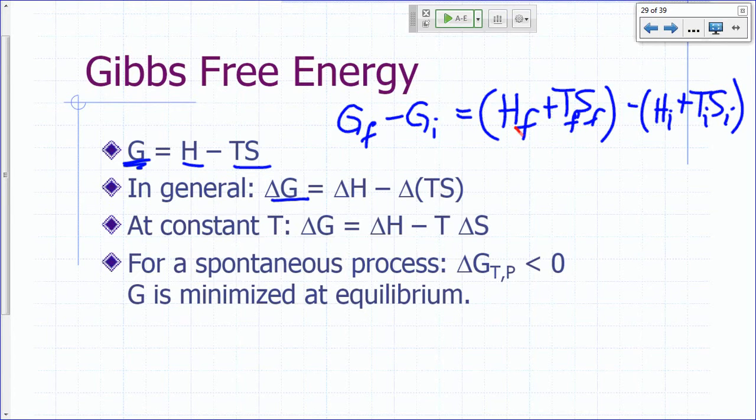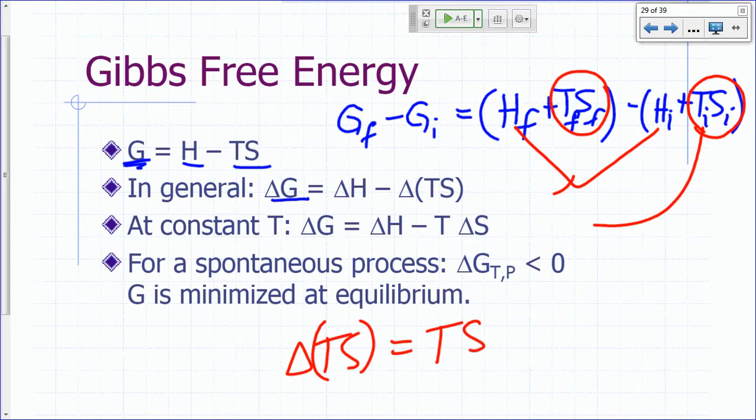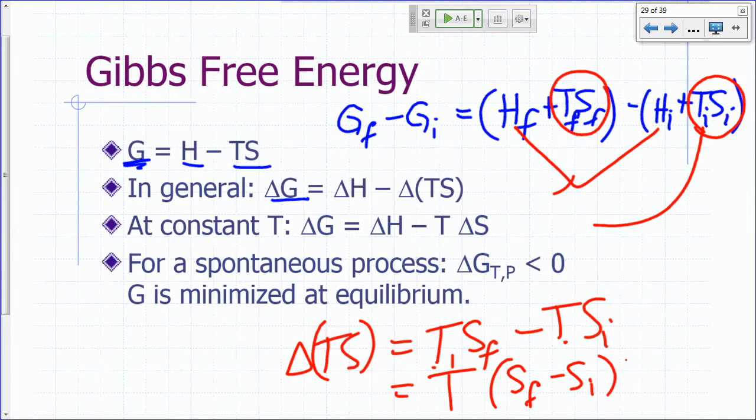If you combine this, H final minus H initial gives you your delta H. And T S final minus T S initial gives you delta of TS. Now, we're generally going to be interested in processes happening at constant temperature. So if T is constant, delta of TS would just be T S final minus T S initial, where T final and T initial are the same. So I can factor that out. That's T times S final minus S initial, so that's just T times delta S.